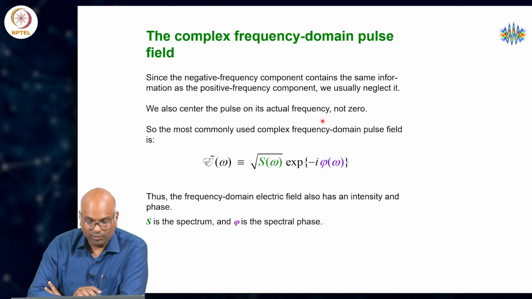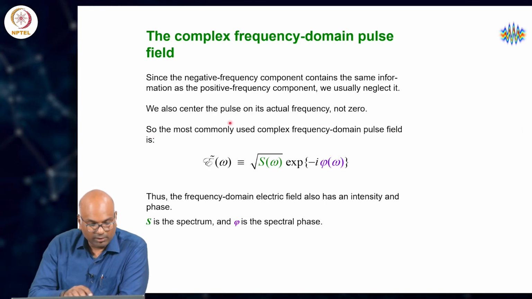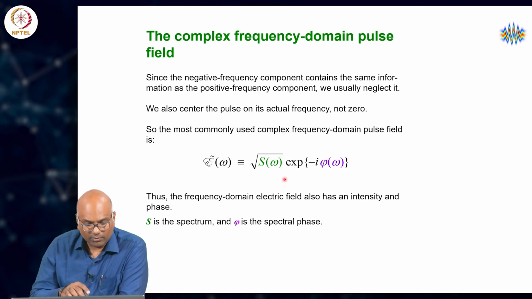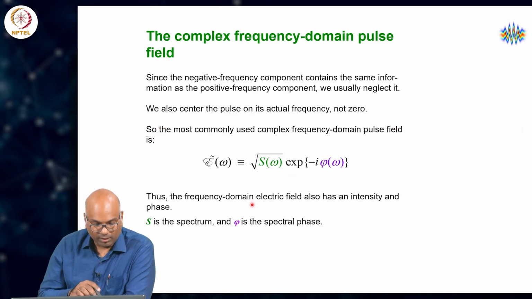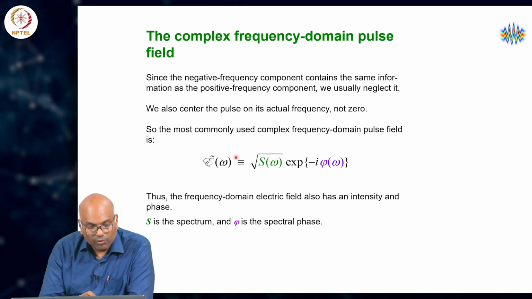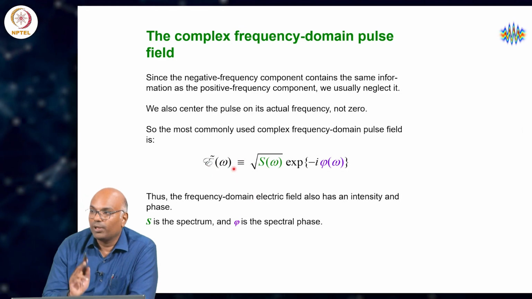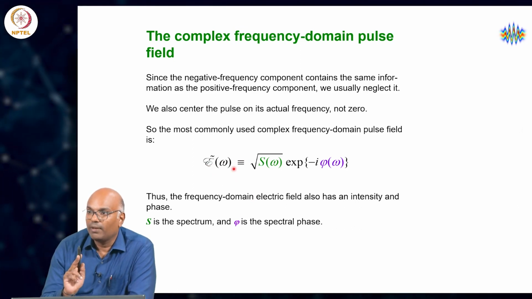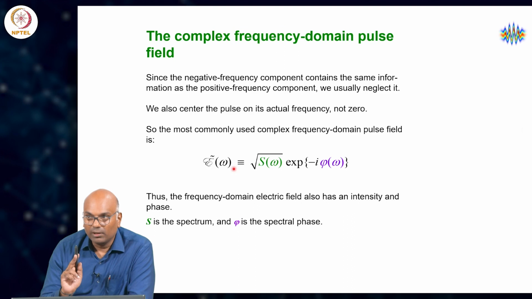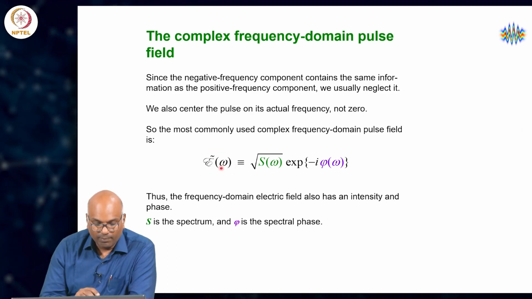At its actual frequency, we can really write this down in the frequency domain, a compact description where E tilde of omega, now we can use this almost as a definition, E tilde of omega, the Fourier transform of E of t. Okay, E of t is real, essentially real valued.